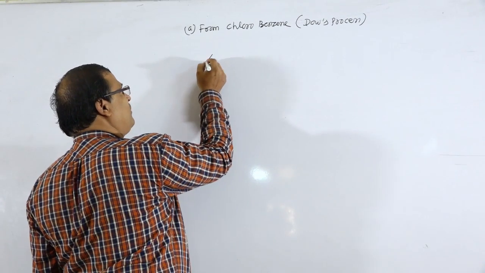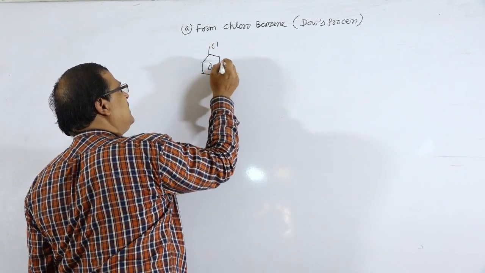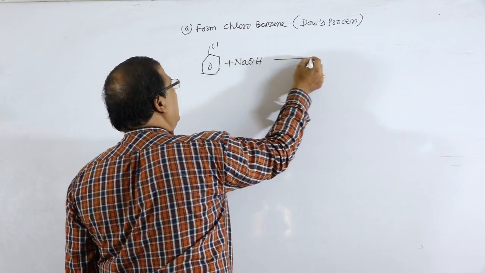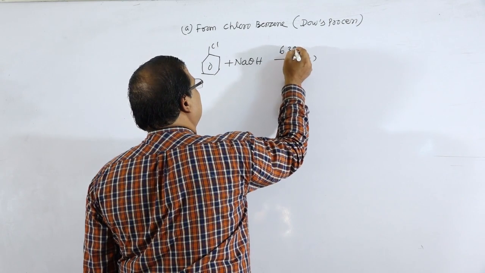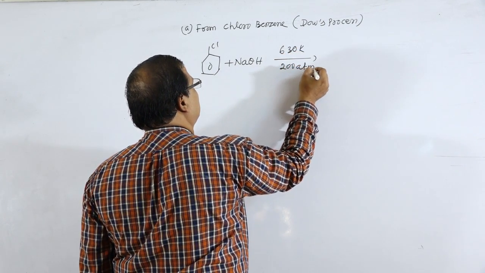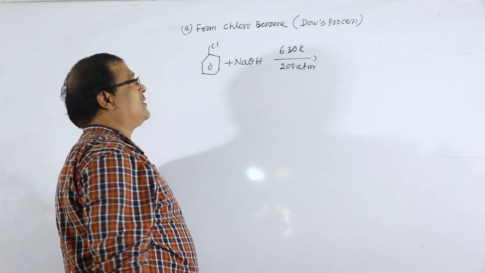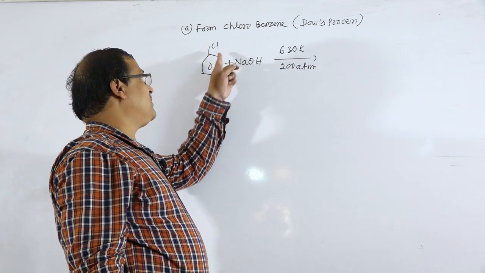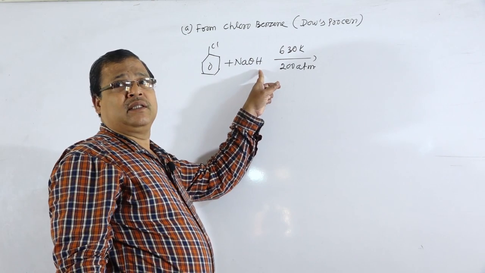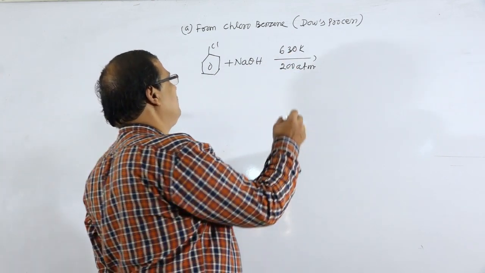When chlorobenzene is treated with NaOH at 630 Kelvin and 200 atm pressure, because the chlorine atom has the ability to form double bond character, the bond strength becomes more.